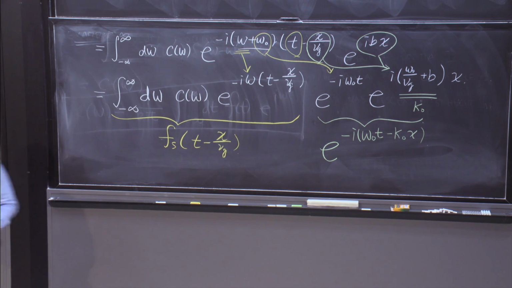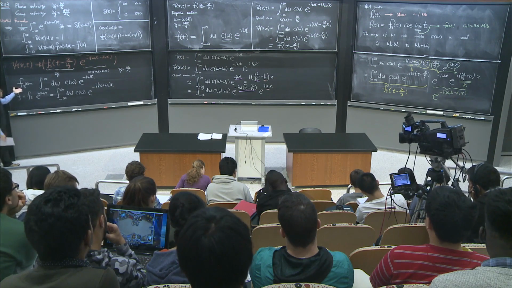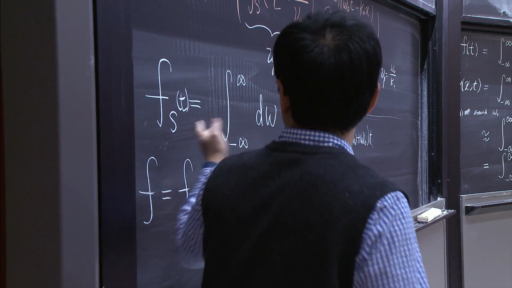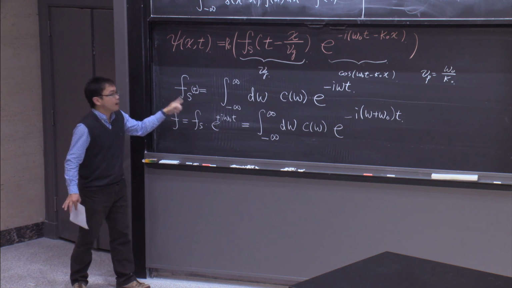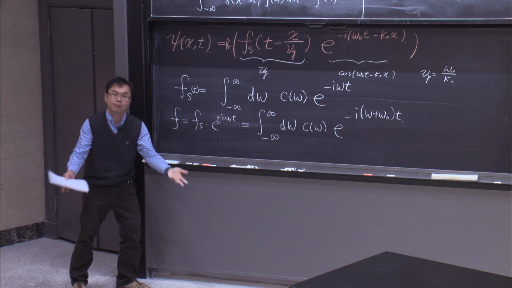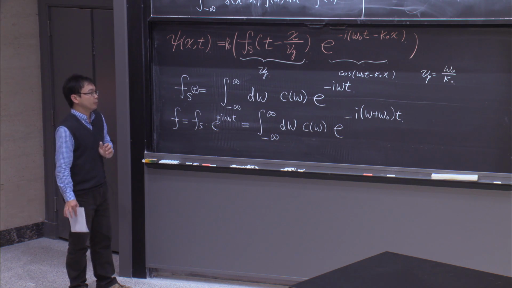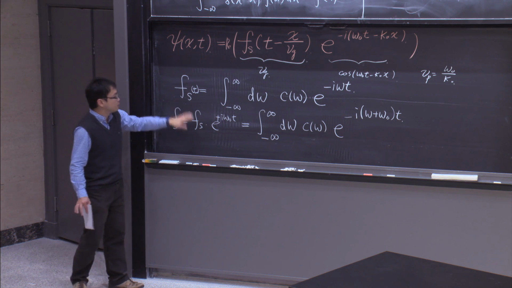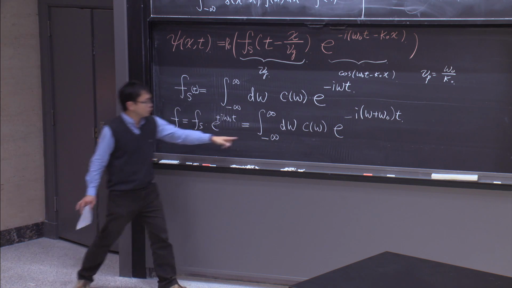So look at what we have done. I got started with this Fourier transform functional form of Fs. I multiply Fs by cosine omega 0 t and go to the complex notation. It becomes exponential minus i omega 0 t. If I multiply that, I get my f function, which is like this.